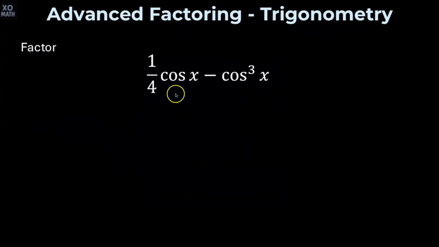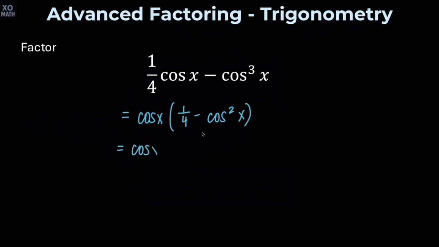Let's factor 1/4 cosine x minus cosine cubed x. Each term has a cosine x in common, so let's go ahead and factor that out. I'll have cosine x times the quantity 1/4 minus cosine squared x. And this can actually be factored further. The part in the parentheses is the difference of squares.